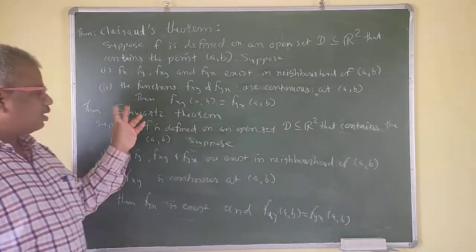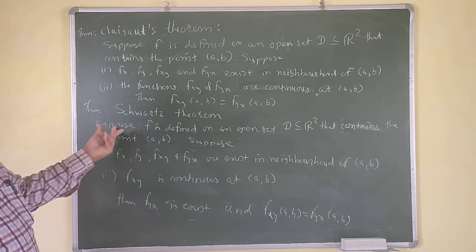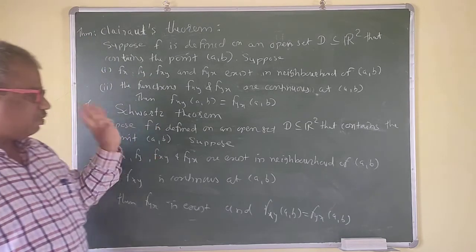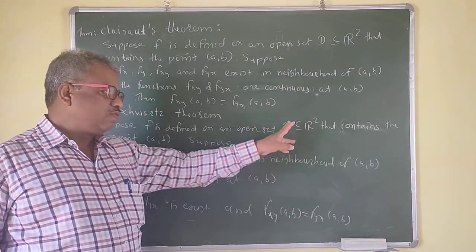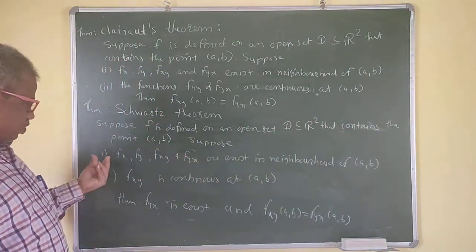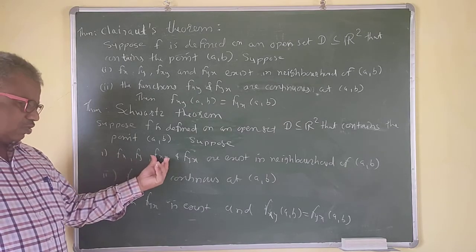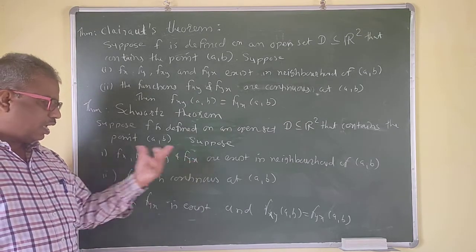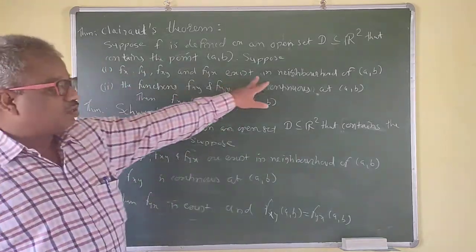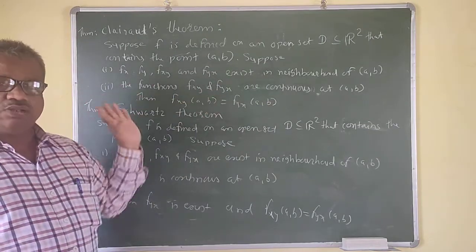A similar theorem is also Schwarz's theorem. Here only the second condition is different; up to the first one, both are the same. Suppose f is defined on an open set D, which is a subset of R2, which contains the point (a, b), and also suppose that the first order partial derivatives fx and fy, and the mixed partial derivatives fxy and fyx exist in a neighborhood of (a, b). In Clairaut's theorem both are continuous at (a, b).